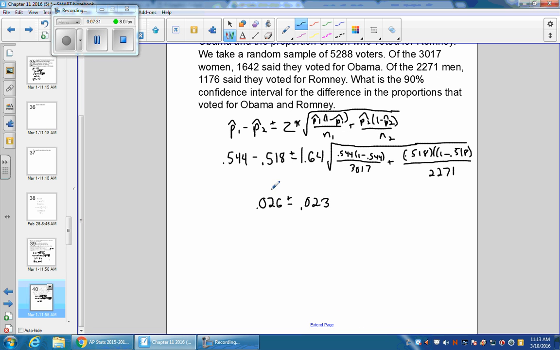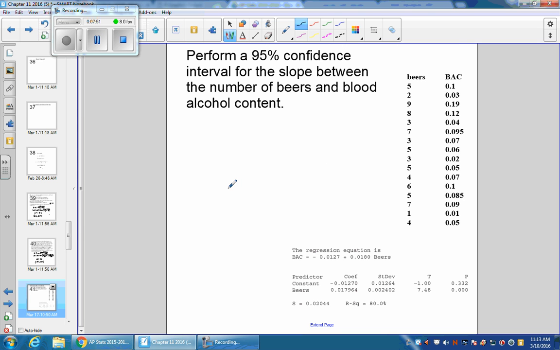So if I subtract from both sides, that's 0.003 all the way to 0.049. So somewhere between almost no percent up to almost 5% would be the difference between those two groups. Now we have one more quick one.